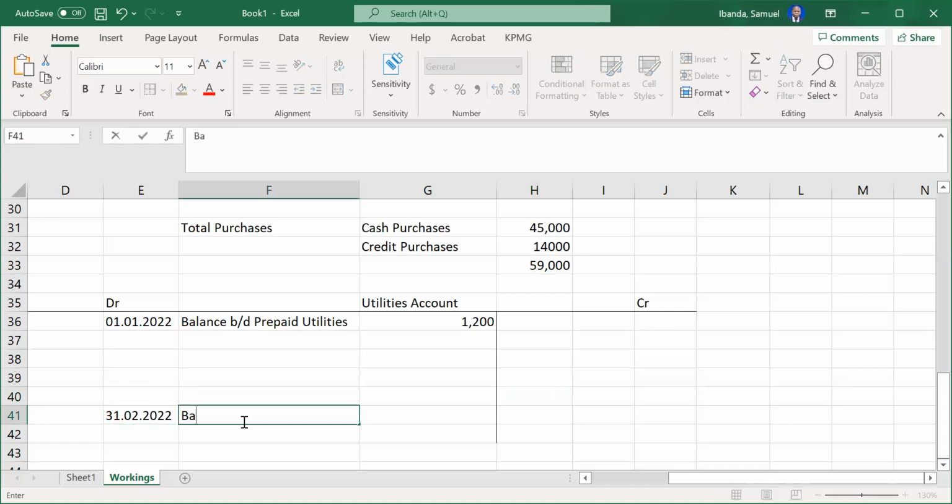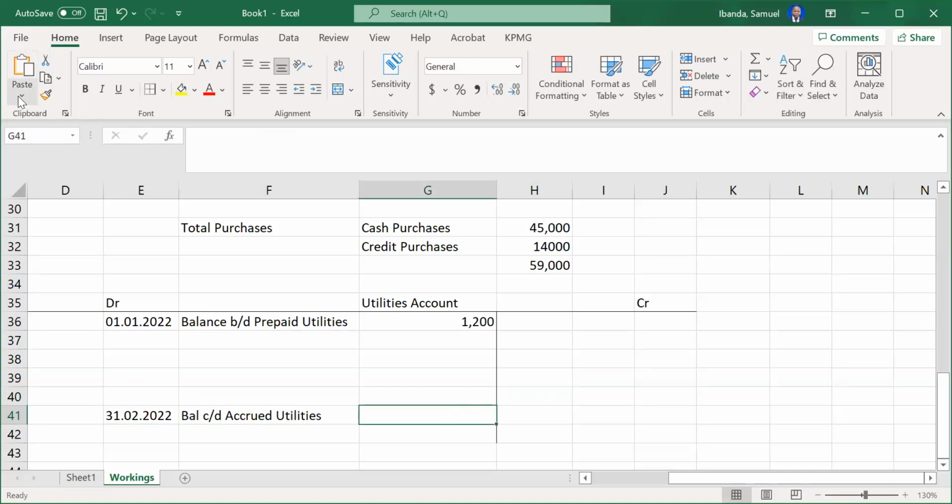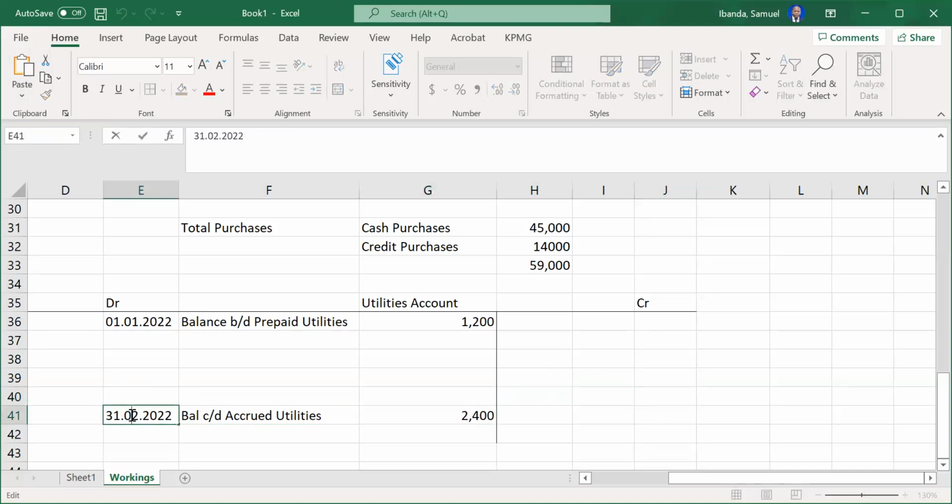This is balance carried down for accrued utilities, 2,400. It's 31st December, not February. Okay. Thank you.